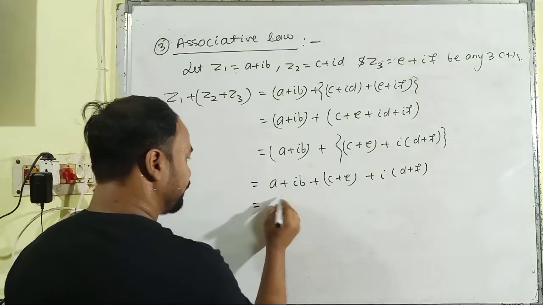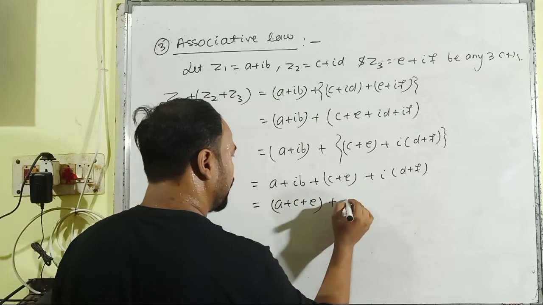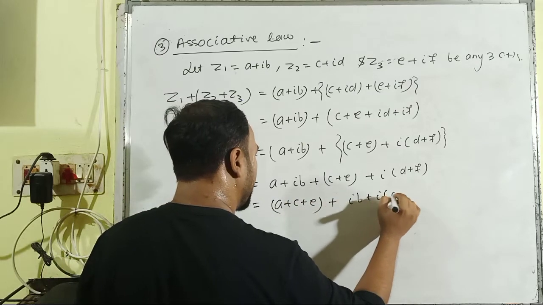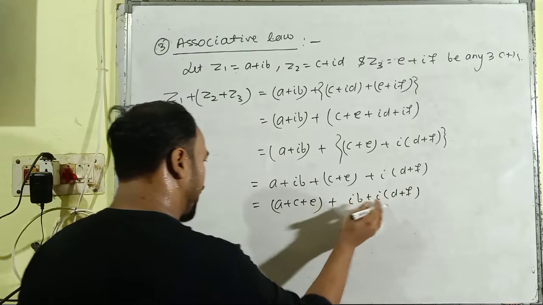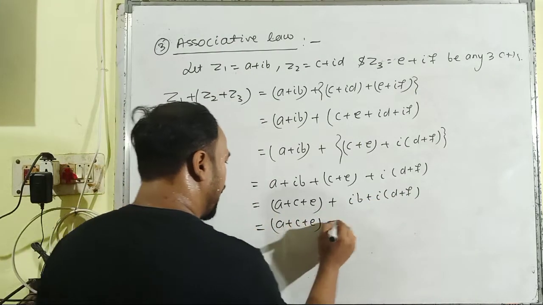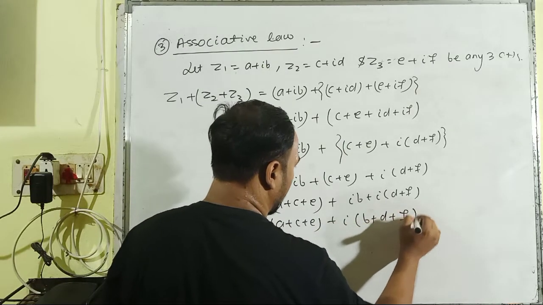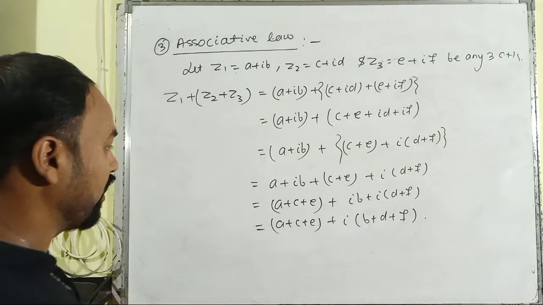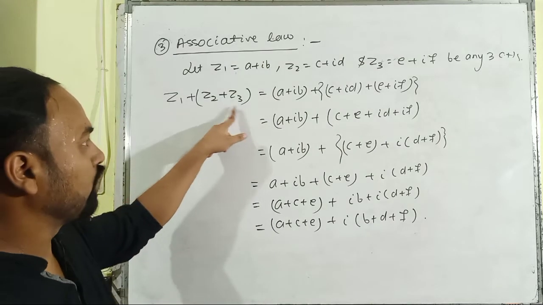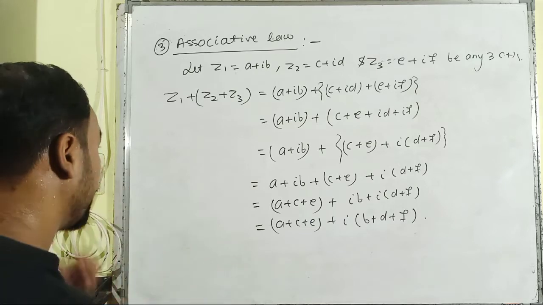It will be a plus c plus e, and then ib plus i into d plus f, and you can take i common from both these parts, and you can have a plus c plus e, and it will be i multiplied with b plus d plus f, and here it is the value of Z1 plus Z2 plus Z3, with Z2 plus Z3 in the bracket.